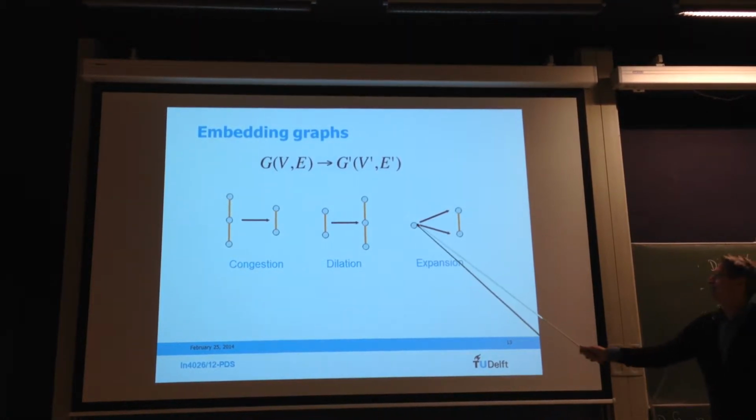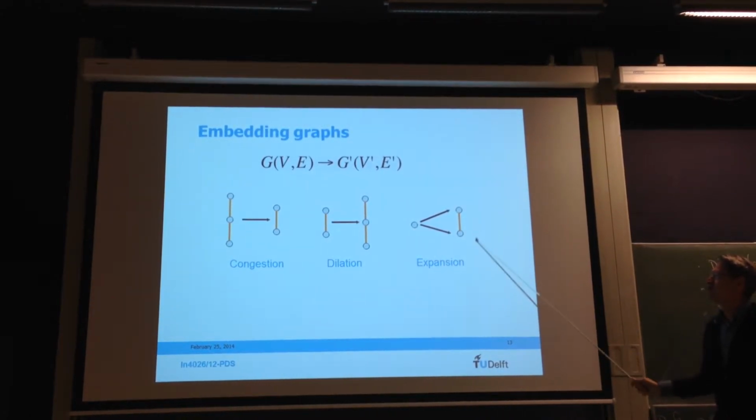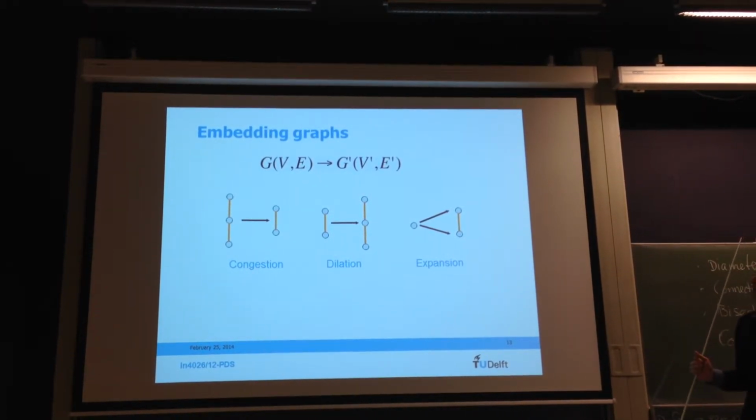We have to split the node in the source graph into two nodes of the destination graph, but this is only theoretical because that doesn't appear in our example, and we call that expansion. Now let's go through some prototypical examples of this kind of embedding.